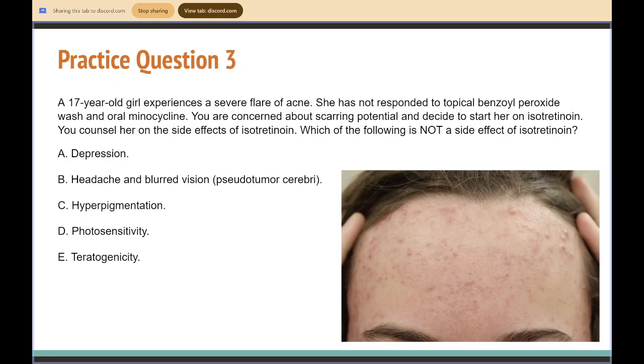Which of the following is not a side effect of isotretinoin? All right. Everyone getting their answers in?